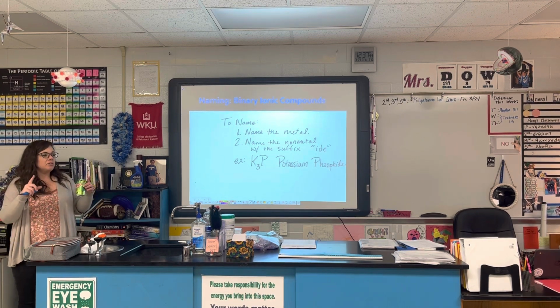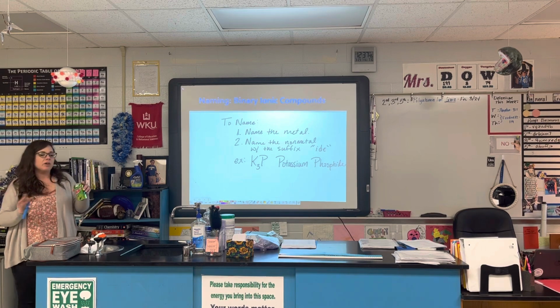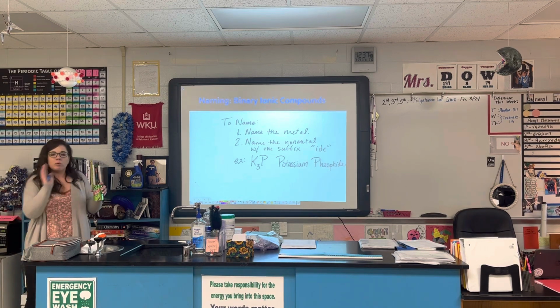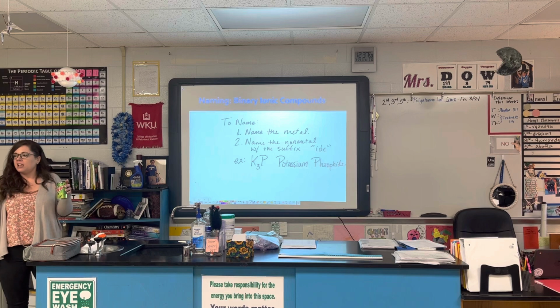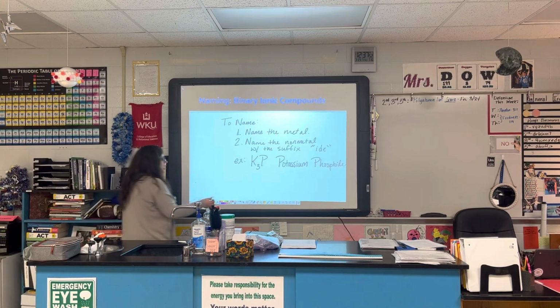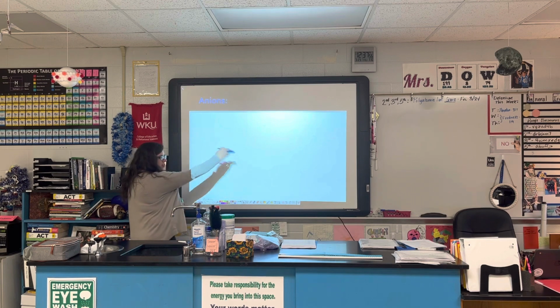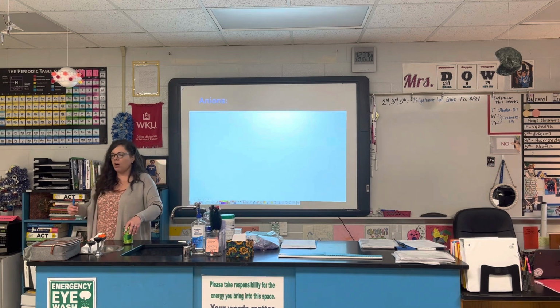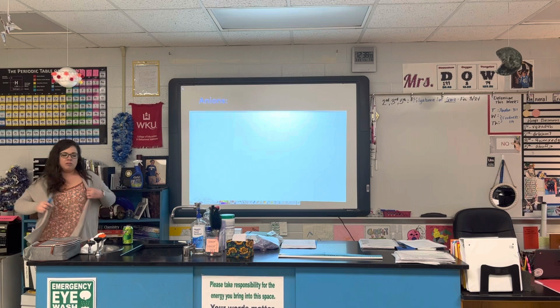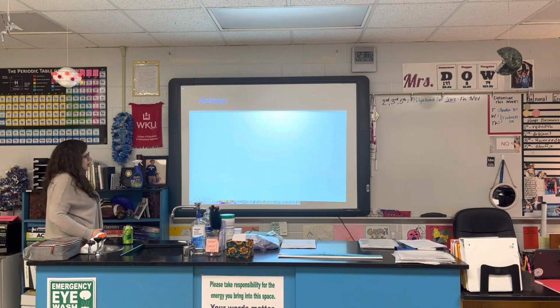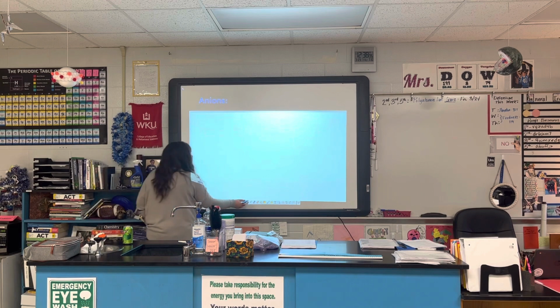You'll have it in your notes and you can always look back and say, if I've got to change selenium, I know where to drop off the ending and add ide. So these are all the anions, all the non-metals. There's only 15 of them, I think. Maybe 14. I can't remember.